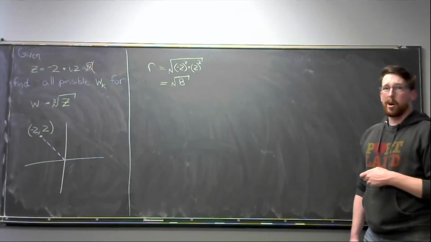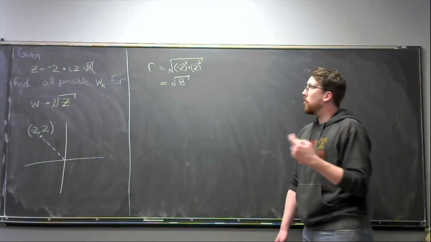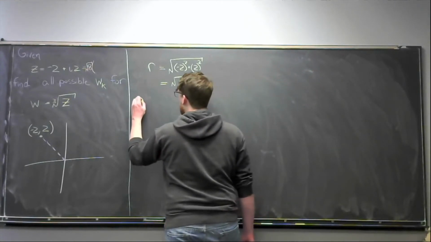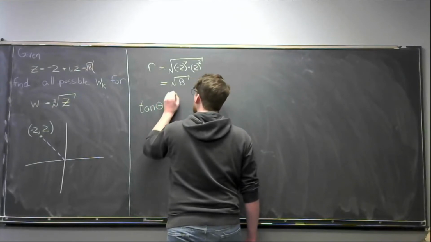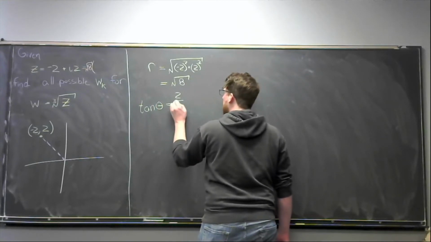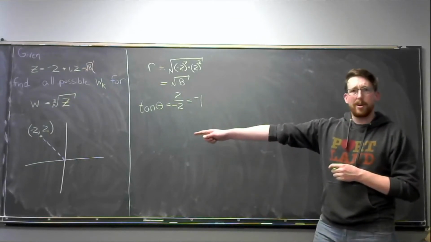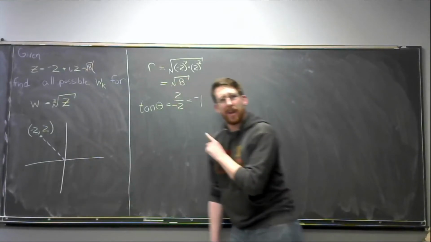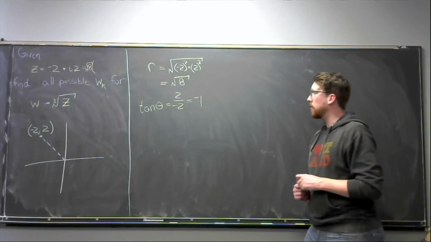We also know that tangent of theta is going to be equal to b over a. So let's write that out. Tangent of theta is equal to 2 over -2. Well, that's just -1. And based on where our complex number sits, we know that this angle has to be 135 degrees.